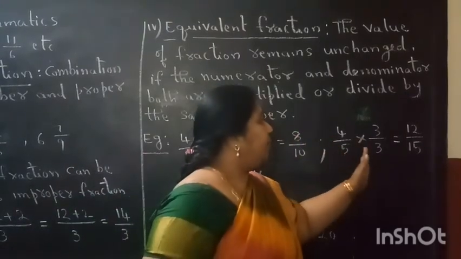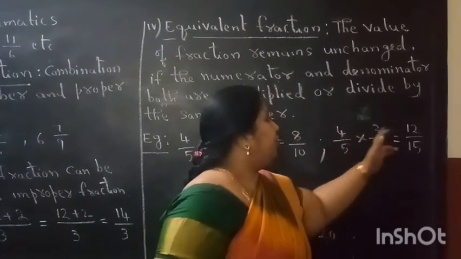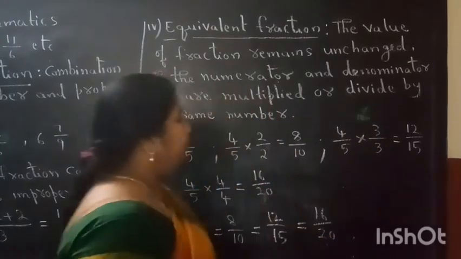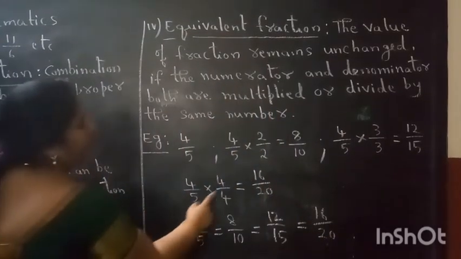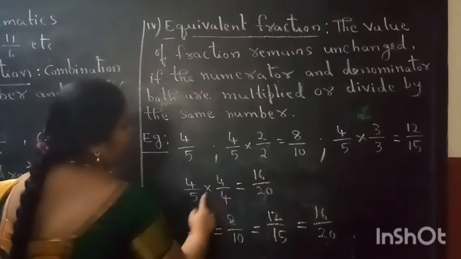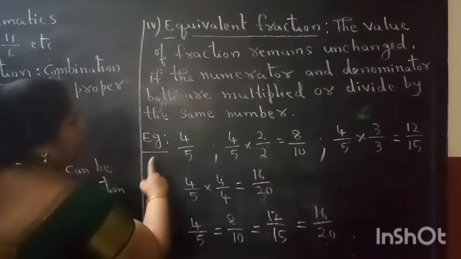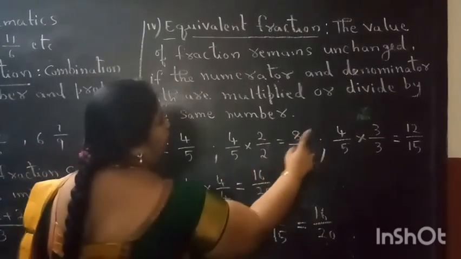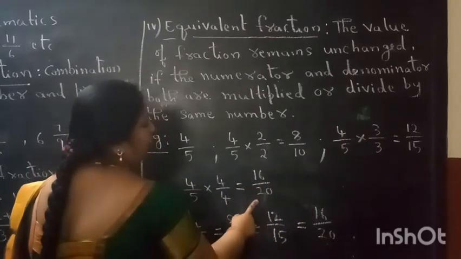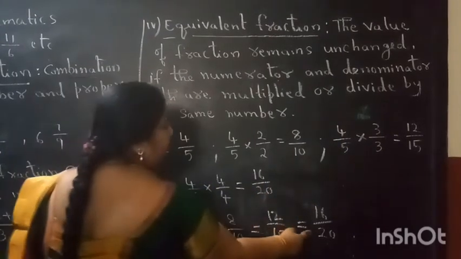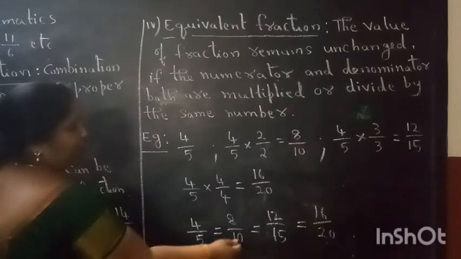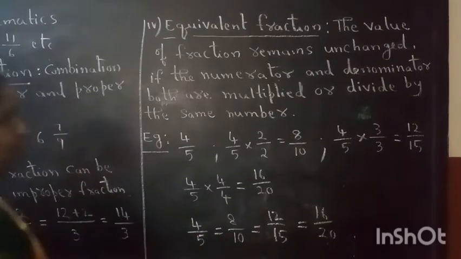Again 4 by 5 multiplied by 3 by 3: 4 3s are 12, 5 3s are 15. 4 by 5 again multiplied by 4 by 4: 4 4s are 16, 5 4s are 20. Here 4 by 5 equals 8 by 10 equals 12 by 15 equals 16 by 20. When you simplify these three, you get 4 by 5 only.